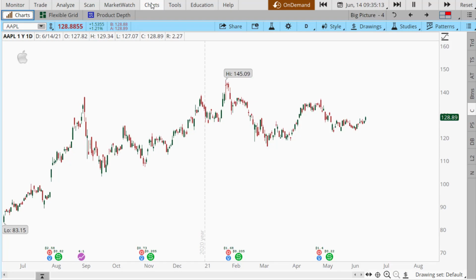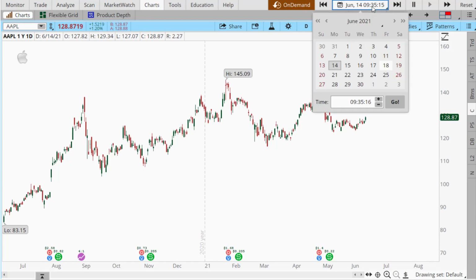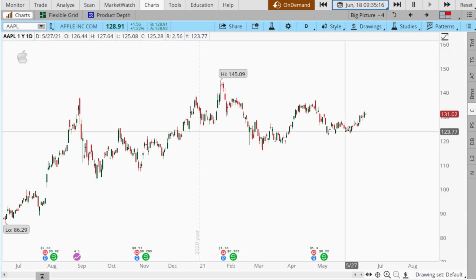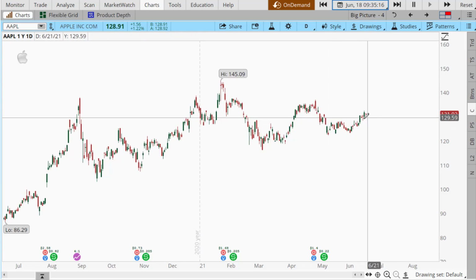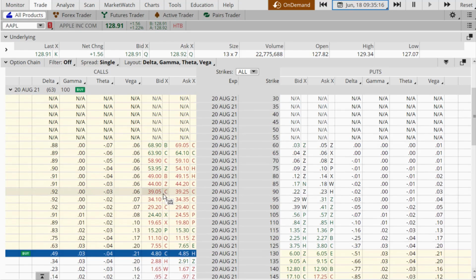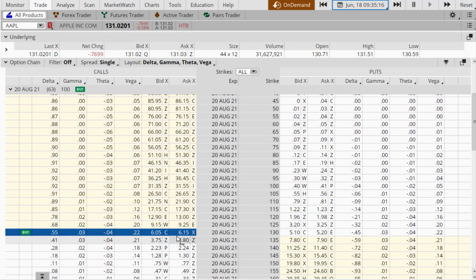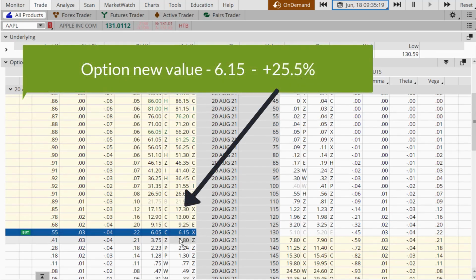Now, let's move forward in time with this platform, and let's move ahead by a week. Remember, this was a position that we looked at for about 34 days, and let's see what that looked like. Let's just go to the end of the week. So by the end of that week, moving it from June 14th to June 18th, we see that prices have started to move, and so our 130 call is trading now for $6.15 a share.